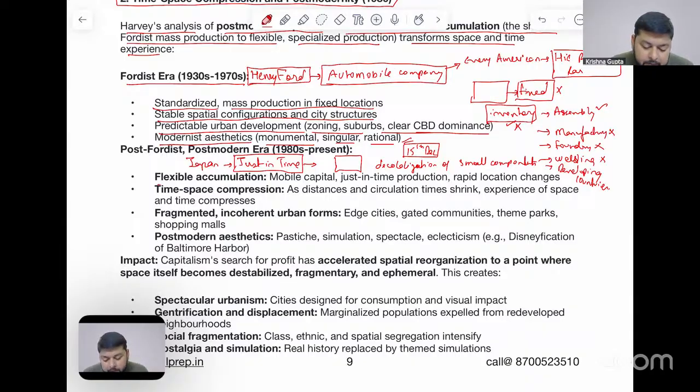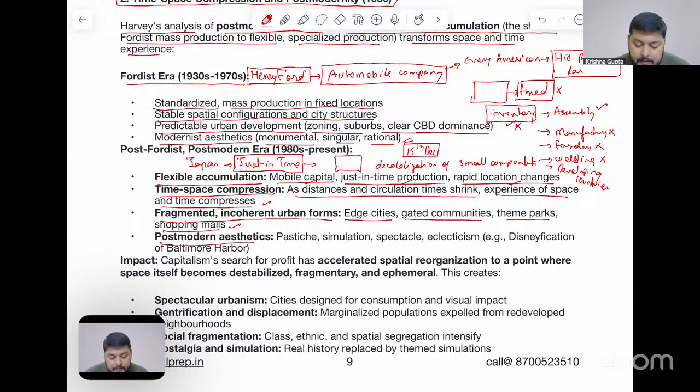So therefore there was a flexible accumulation, mobile capital, just-in-time production, rapid location changes, time-space compression. As distance and circulation time shrinks, experience of space and time also compresses. Fragmented, incoherent urban forms, as cities, gated communities, theme parks, and shopping malls were formed here.